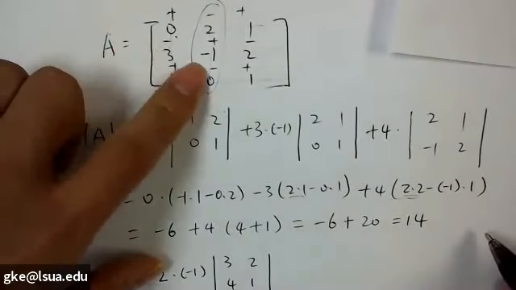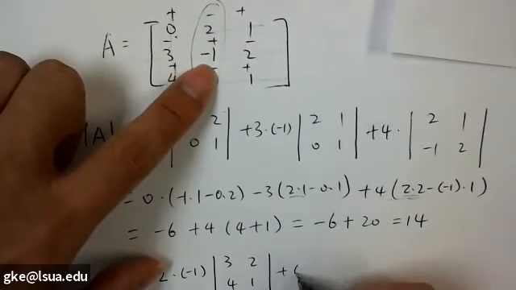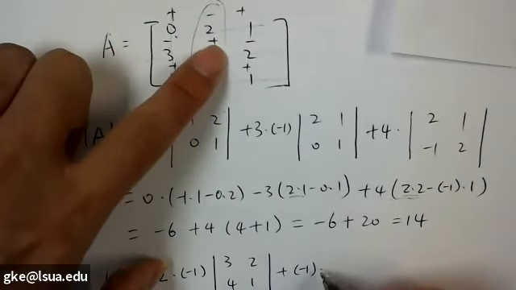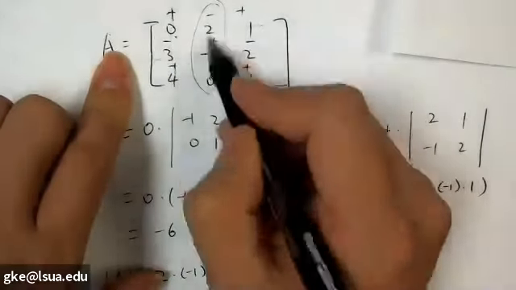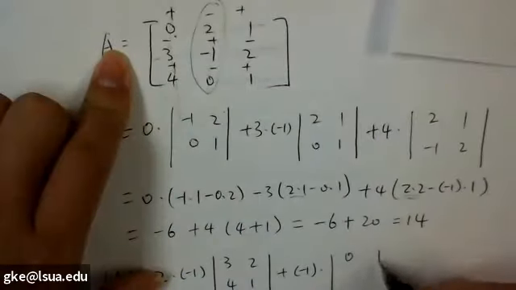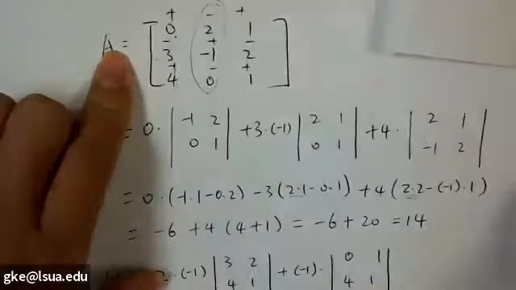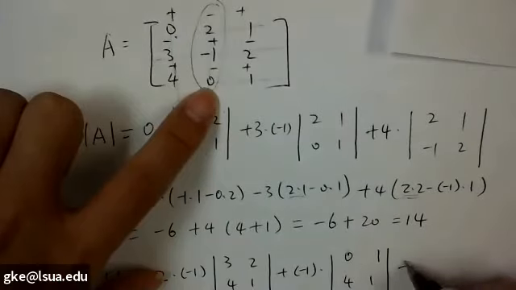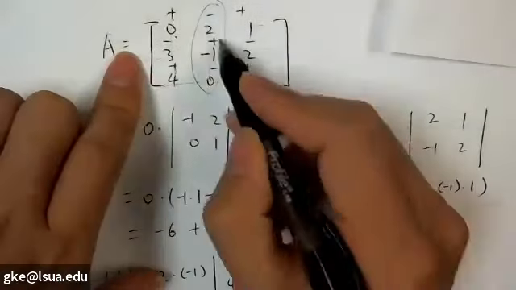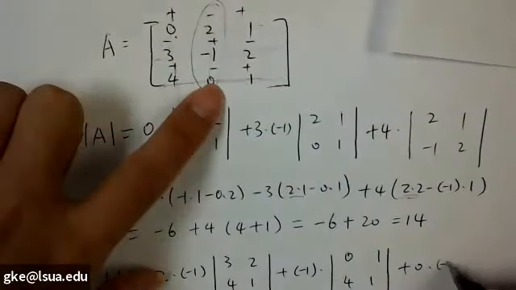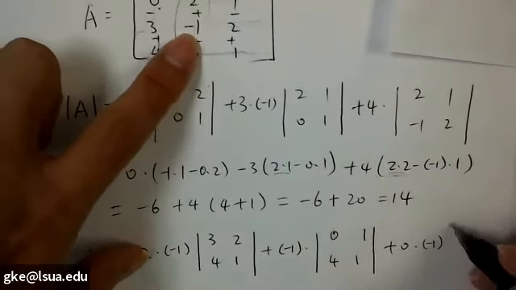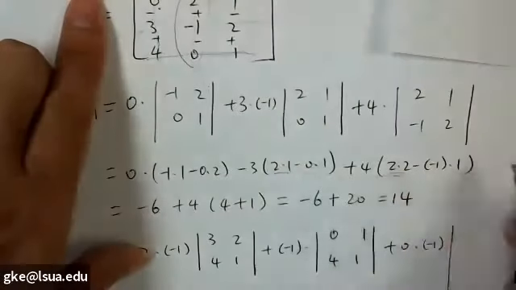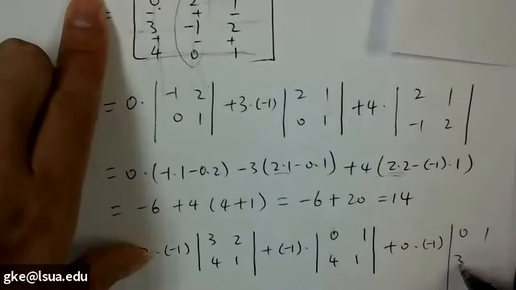Right? And here is negative 1 times the positive, that is positive. So we don't care. And cross out, we're gonna get 0, 1, 4, 1. Cross out. Right? And the third one is 0 times, it's a negative, right? It's a negative. And the cross out, this one is 0, 1, 3, 2.